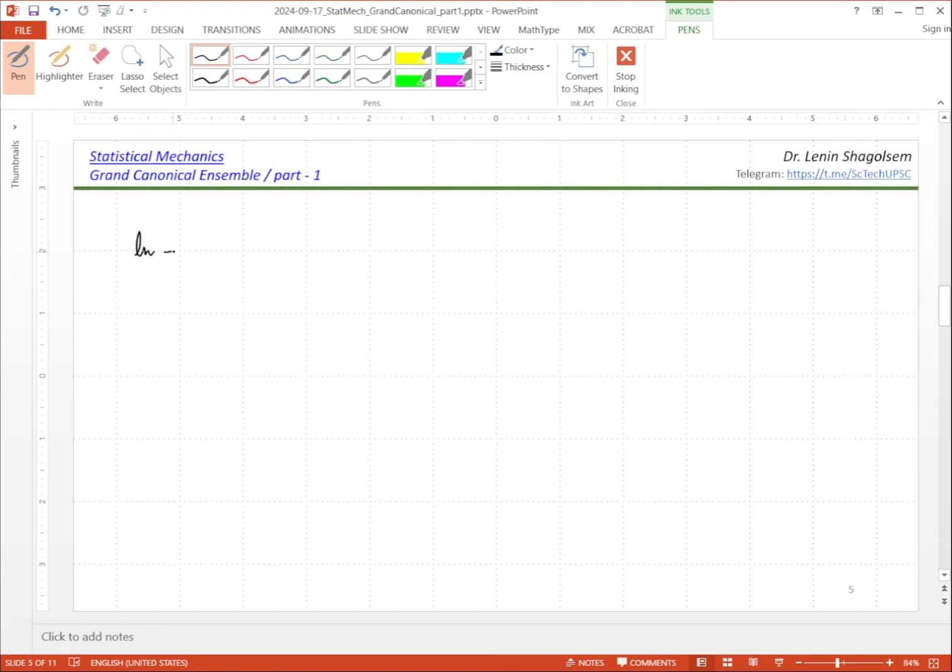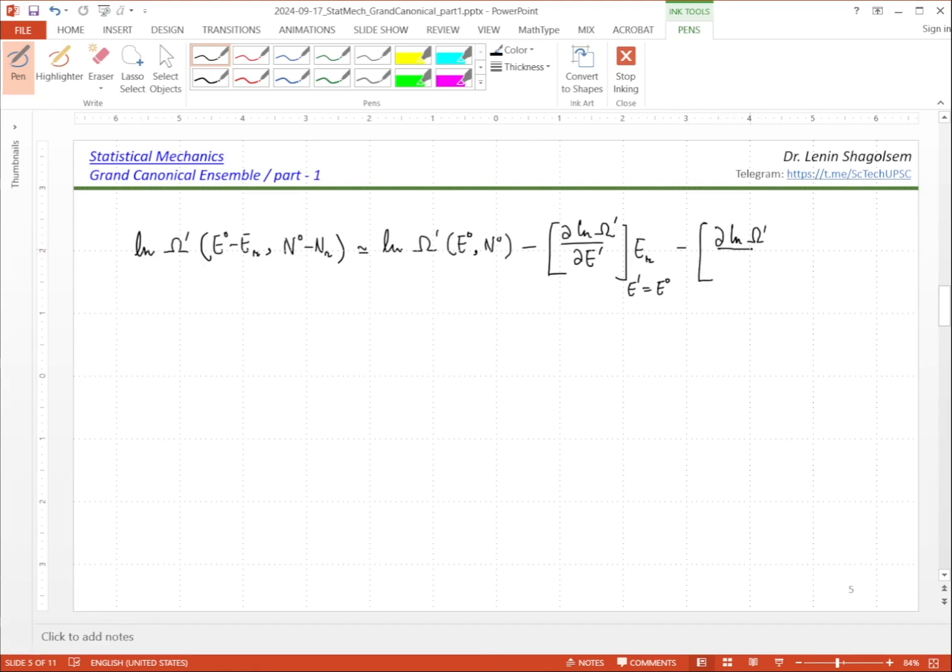Log of omega dash of E naught minus E r and N naught minus N r, which we just saw, can be written as log of omega dash of E naught and N naught, minus del log omega dash by del E dash evaluated at E dash equal to E naught times E r, and similarly for N r at N dash equal to N naught.